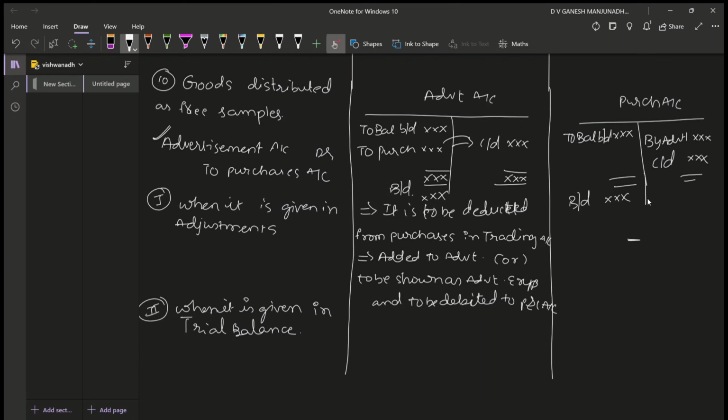So that would already have been adjusted with the purchases. If that balance does not exist, we need to open one advertisement account.